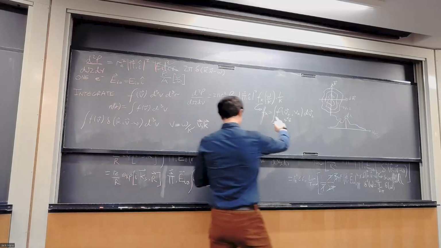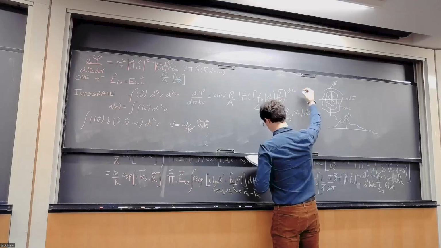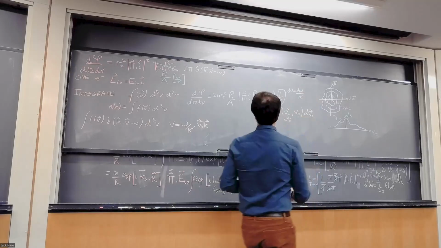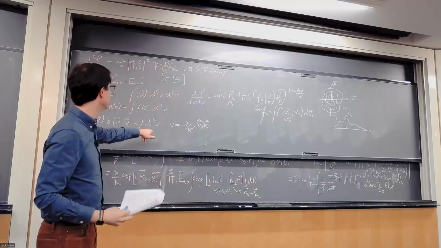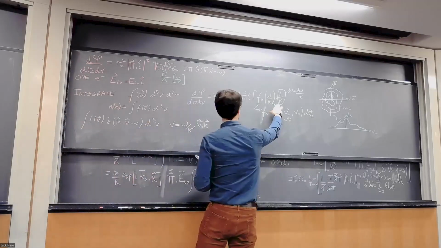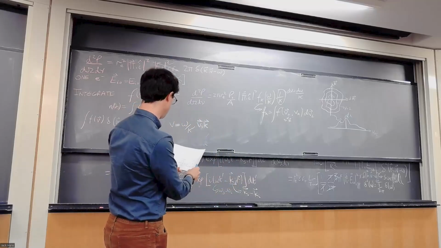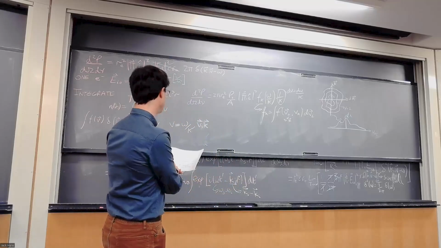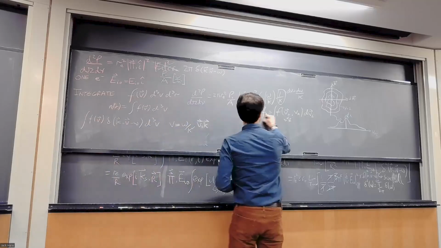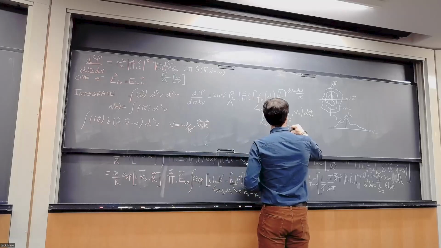And this 1 over k, if you're wondering where that comes from, this is because dv is equal to d omega upon k. So when I change this integral from being in terms of velocity space to being in terms of frequency space, I'm going to get out this factor of 1 upon k here. So just to be clear, this is a 1D distribution function.